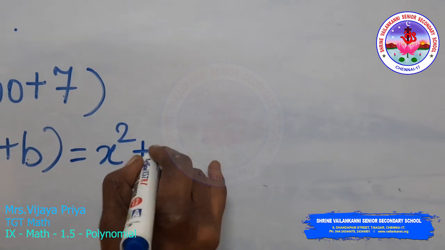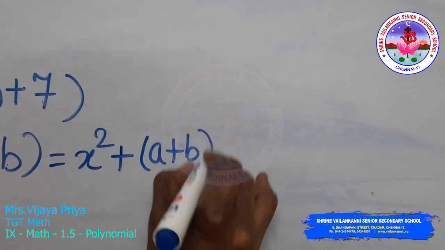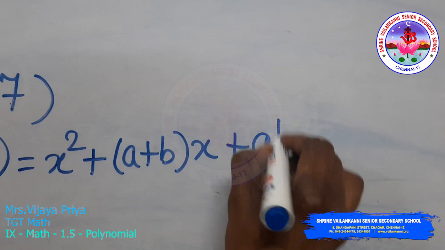So I have the expansion x squared + (a + b)x + ab.